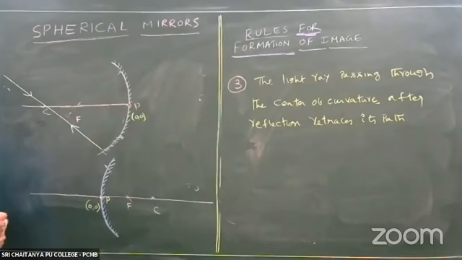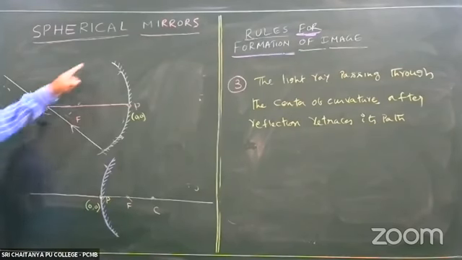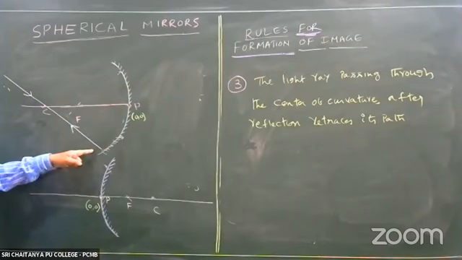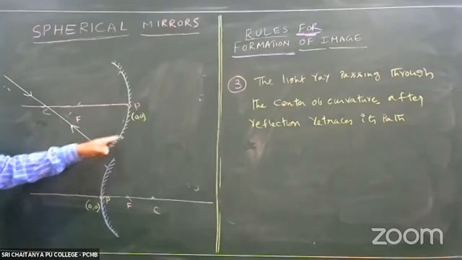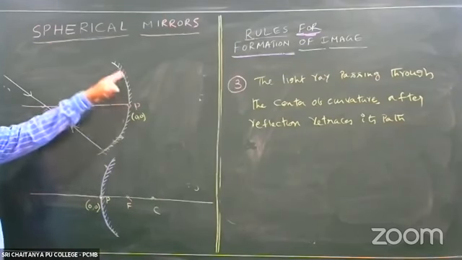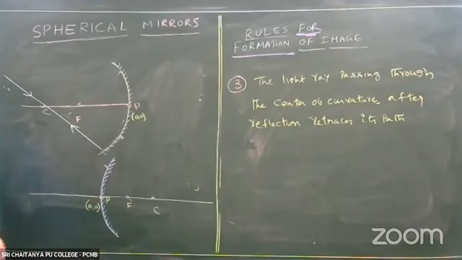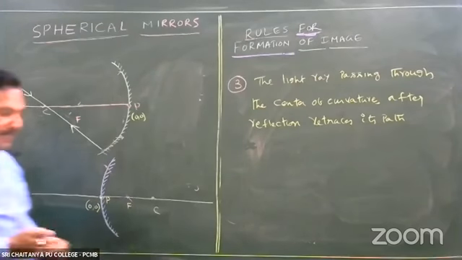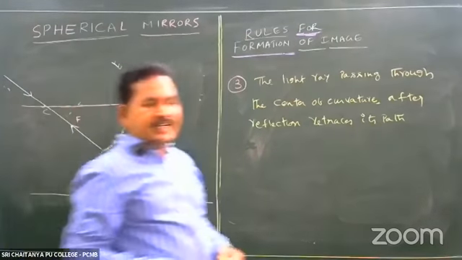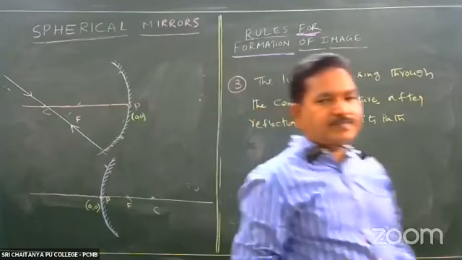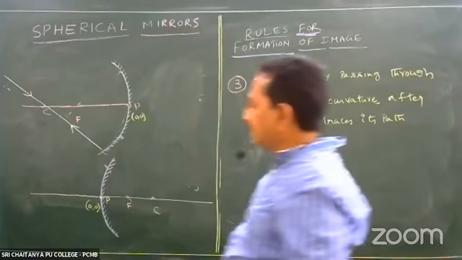To draw the normal, draw a straight line from center of curvature to any point on the mirror, wherever the reflection takes place. That is normal. For normal incidence, the light ray should retrace its path. This is the third rule.